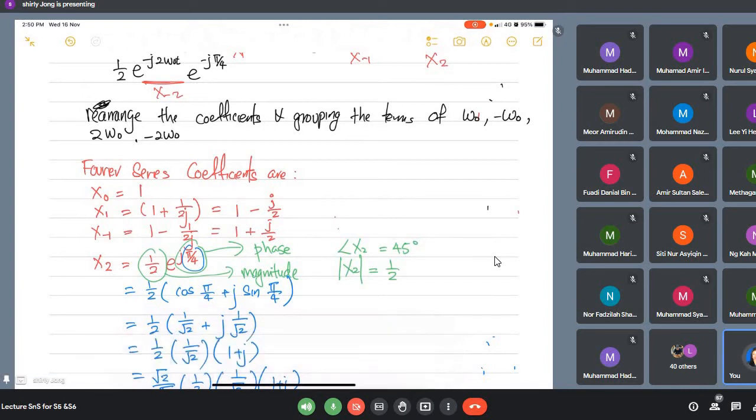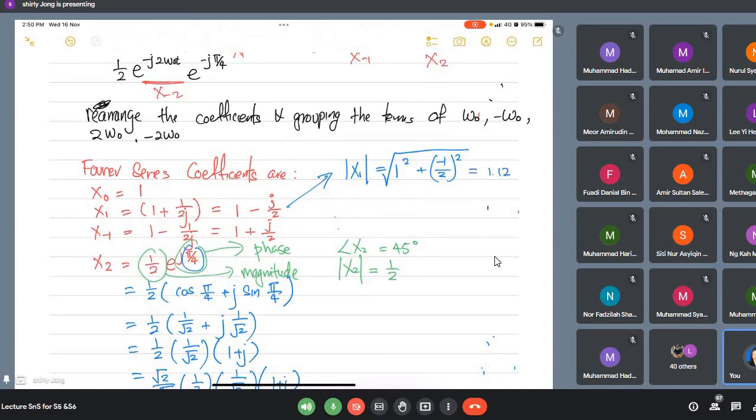For the x1, if you want to get the magnitude, the magnitude of x1 is equal to the square root of 1 squared plus minus 1/2 squared. So what is the answer? This is 1.12.